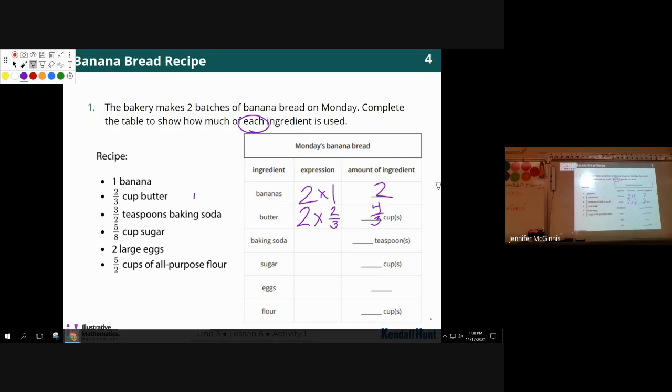Okay. Finish up this table with your shoulder partner. Talk through it. Don't just give each other the answers. Talk through it.